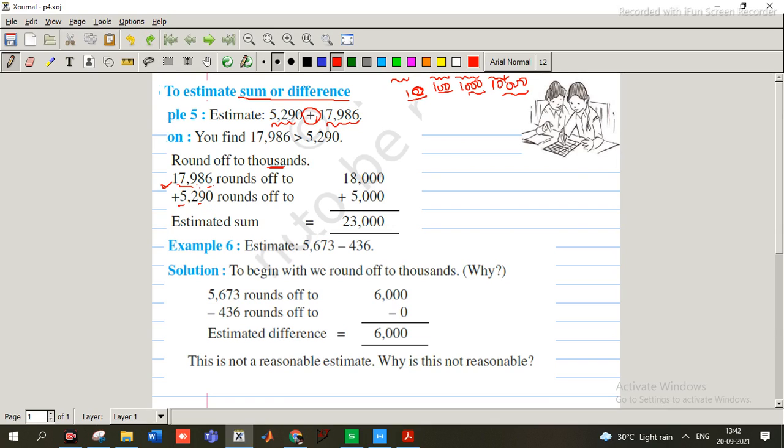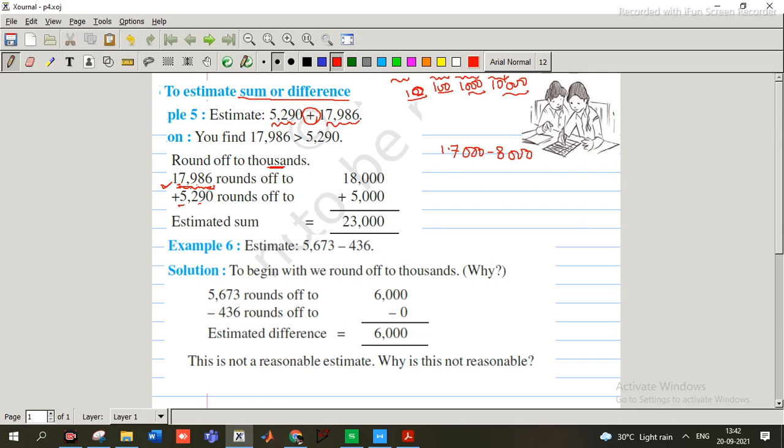So 17,986, if I approximate it to the nearest 1000, I'll take the last 4 digits. The number will be in between 7000 to 8000, right?